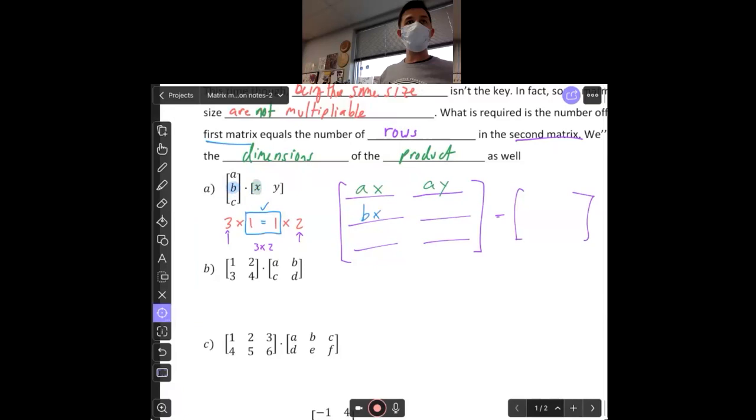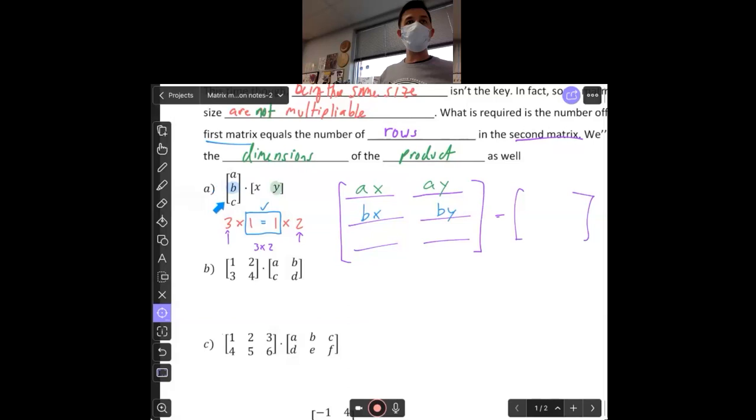That's everything that's in that column. So that means I'm done with that spot. So I'm going to move to the next spot, which means I'm going to move to the y. So b times y, of course, is just by. I don't have any more spaces in this row, which means I'm done with this row.